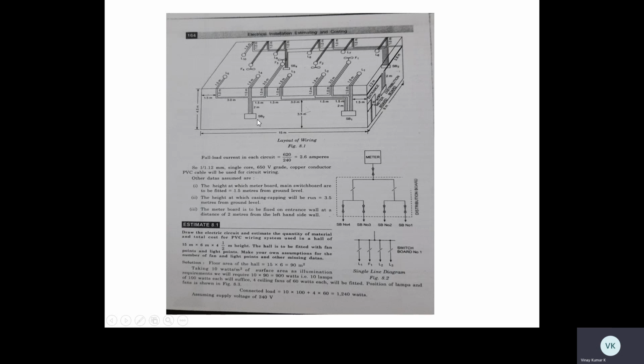We need phase for SB2 also. For that purpose, we will get this phase from SB1 here. I will explain one more time. Just observe carefully here. The phase should be taken from the distribution board. See here, this is for subcircuit 1, subcircuit 2. From here, I got one phase.